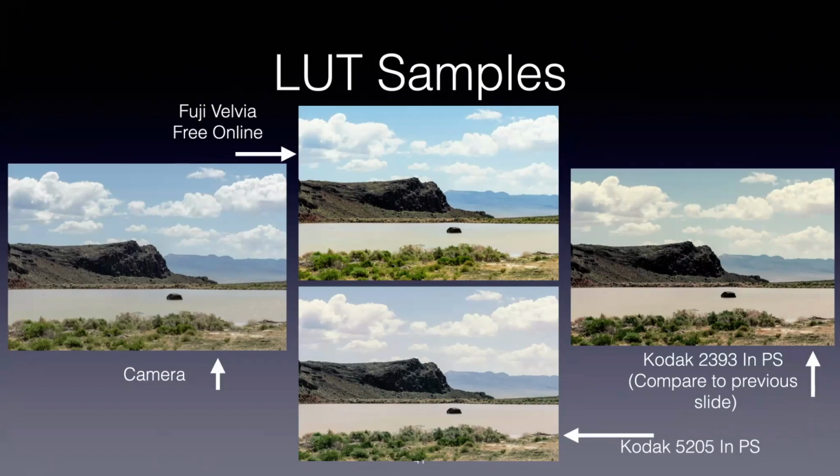Above that one on the right-hand side, you see the Kodak 2393, the one from the previous slide. In this one, it made the skies a softer blue with just a touch of green in them. So depending on the photograph you have, the LUT is going to operate a little differently, and you can try different ones to get the look that you want.